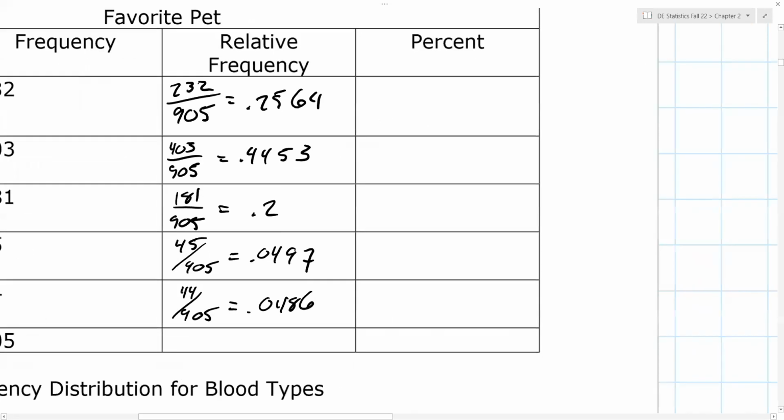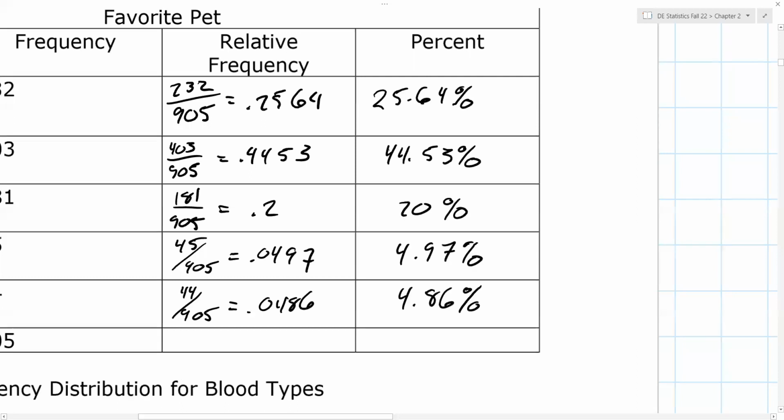And so we would end up with 25.64%, 44.53%, 20%, 4.97%, and 4.86%.